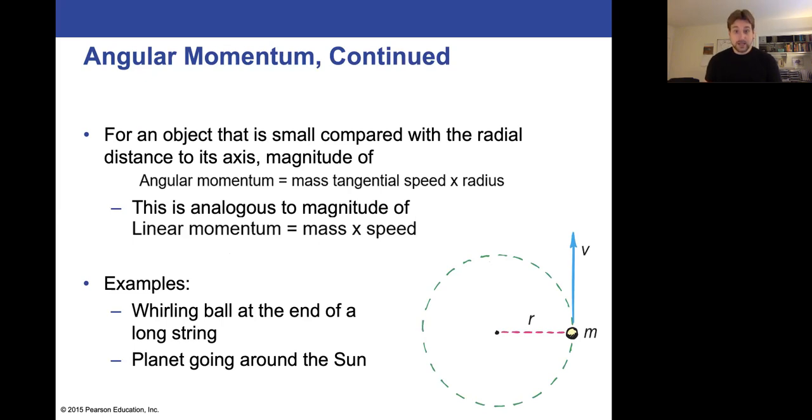For a small object, such that we can say pretty much all of it is located a distance r away from the center of the curved path, we have the tangential speed, tangent to the circle, the mass, and that radial distance.